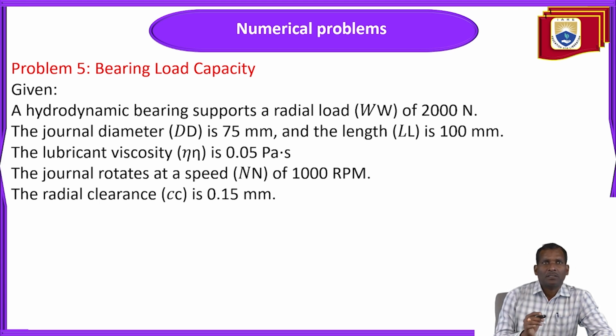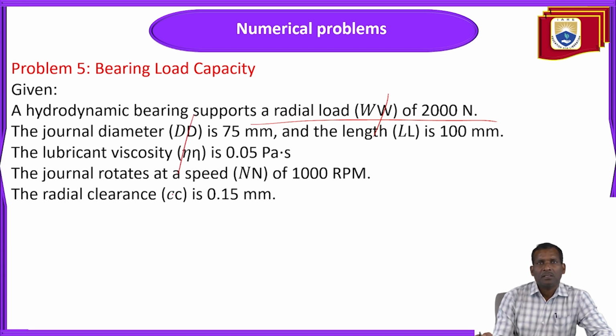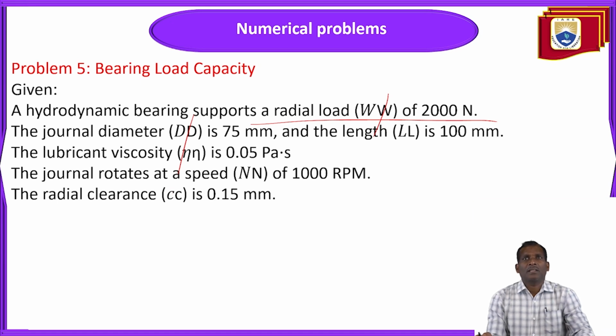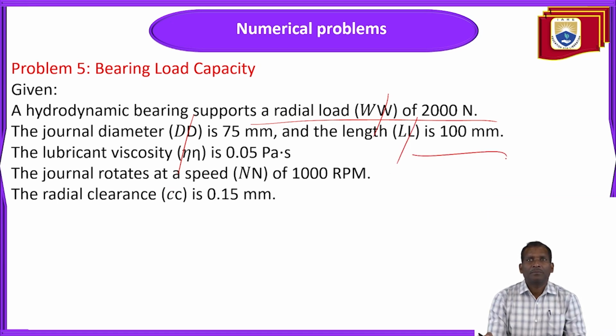Based on this, he has given the problem that a hydrodynamic bearing supports a radial load W up to 1000 Newton. The journal diameter D is 75 mm and the length is 100 mm. The lubricant viscosity is 0.05 Pascal second. The journal rotates at a speed of 1000 rpm.